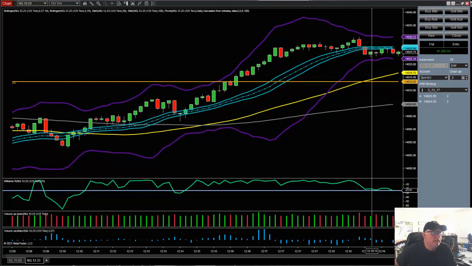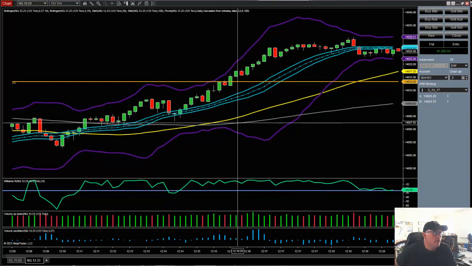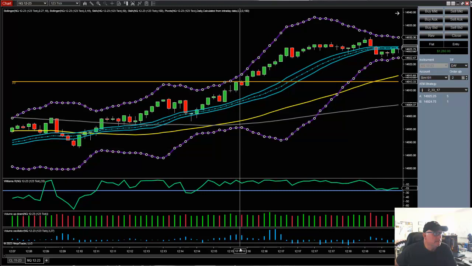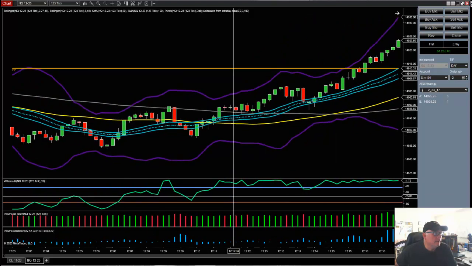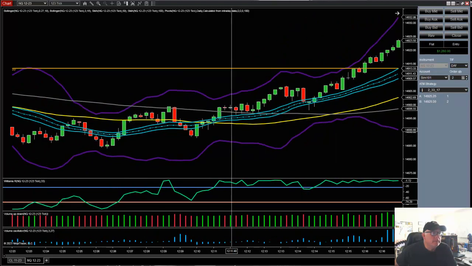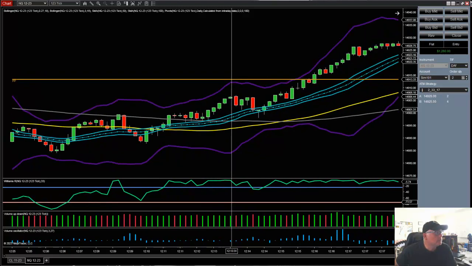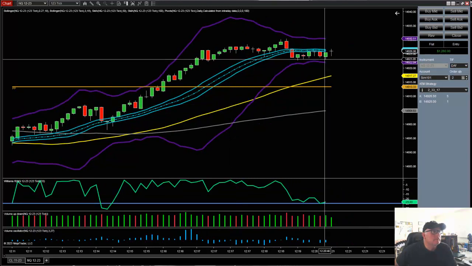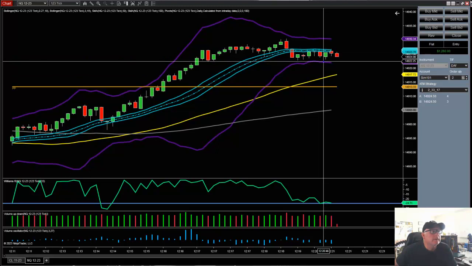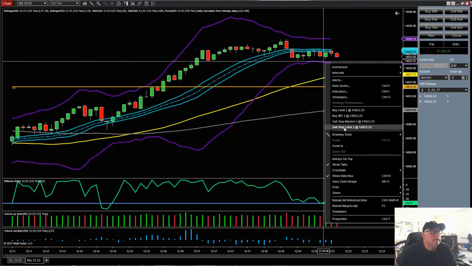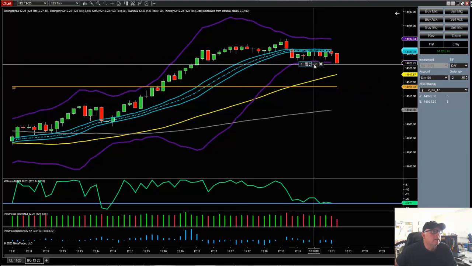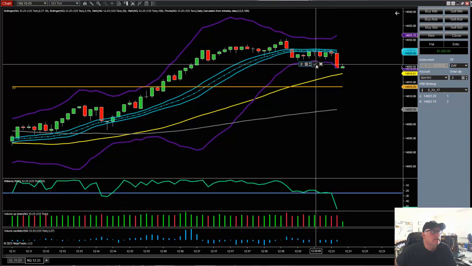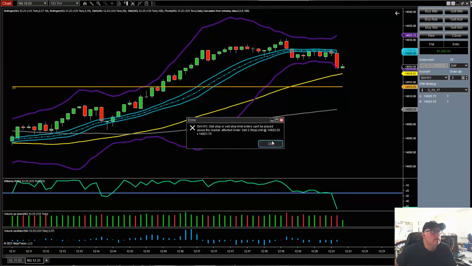So this is the top of the Williams %R. Can't even see the bottom part of it right now. There it is right there. So it looks like a short underneath this. Order submitted. Went through it.